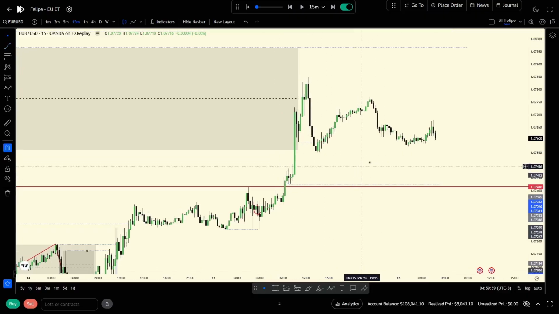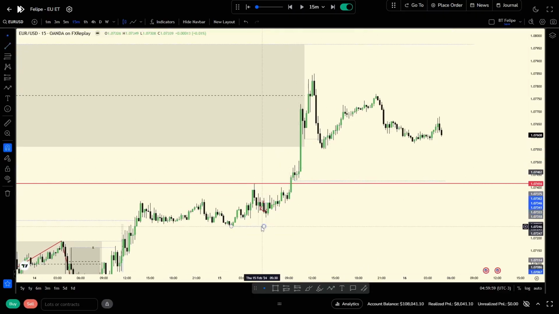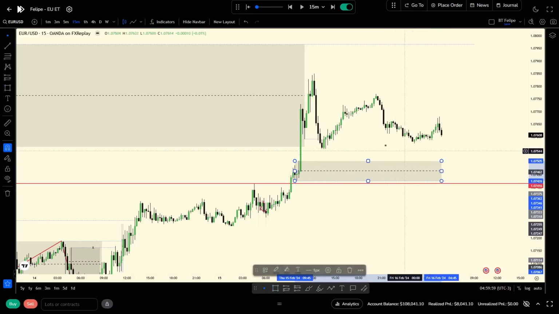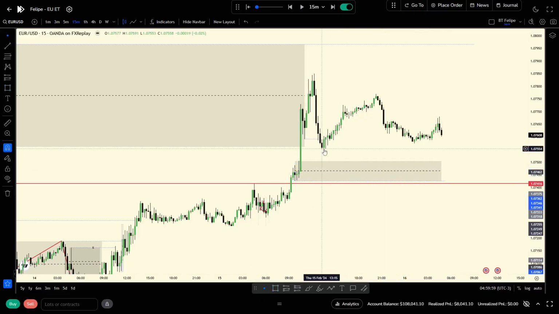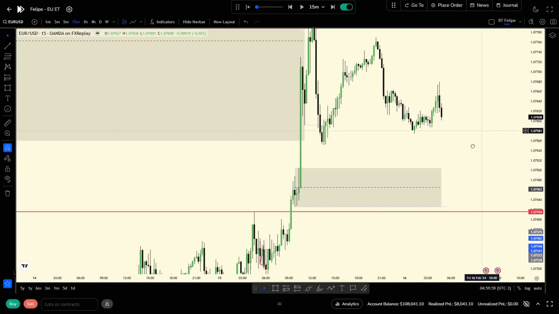Maybe you can take this one. This one will be a lot better, but I don't think price will come down there. This is also a demand area. There's this liquidity above. Anything can happen here, really.